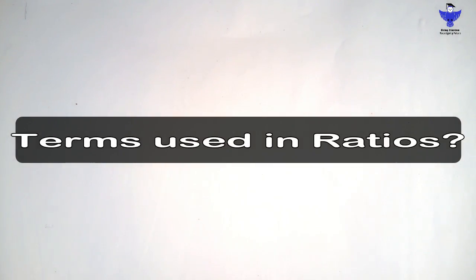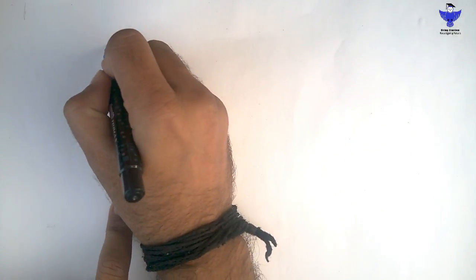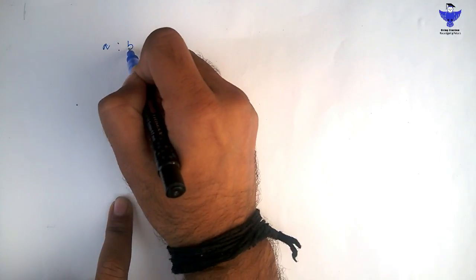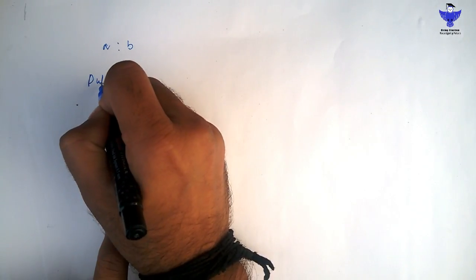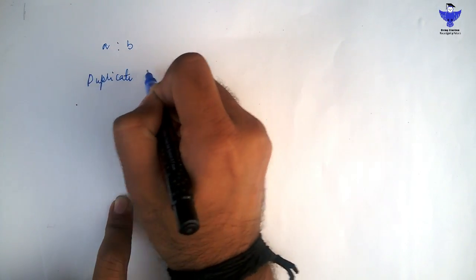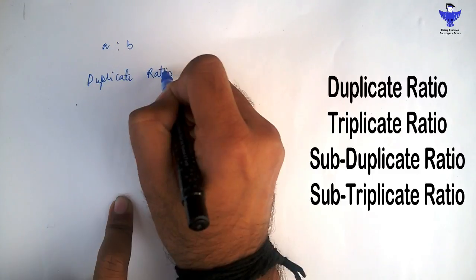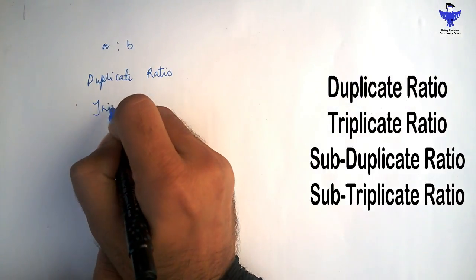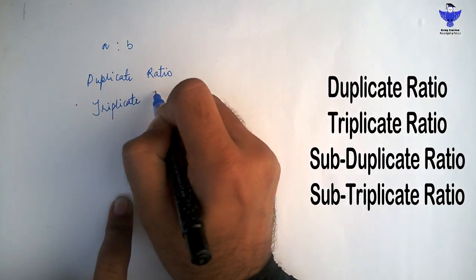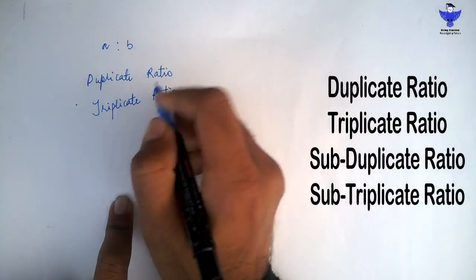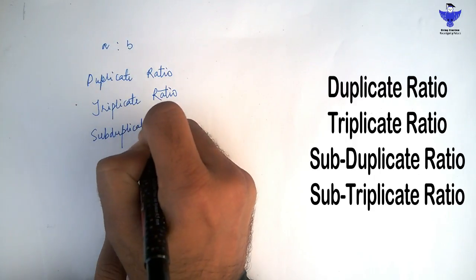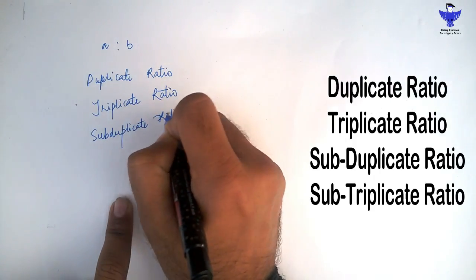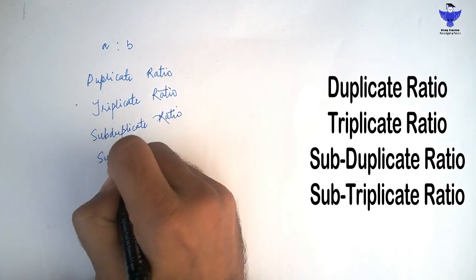Now let's see some more terms used in ratios. If we consider a ratio a is to b, then the terms used in ratios will be duplicate ratio, triplicate ratio, subduplicate ratio, and subtriplicate ratio.